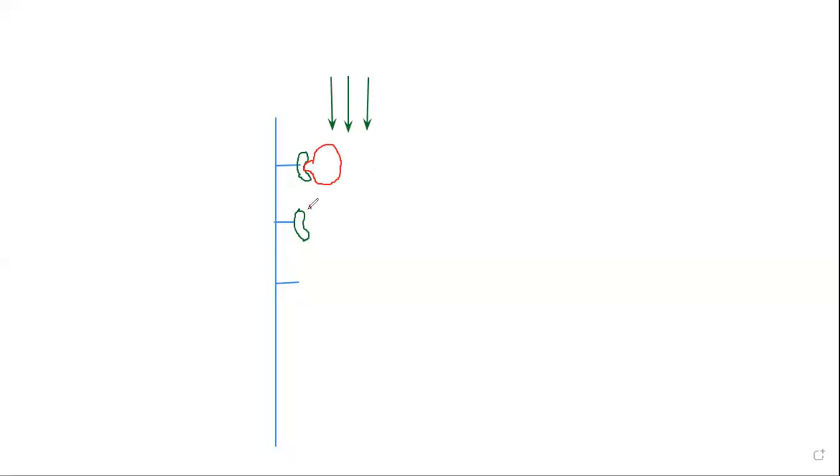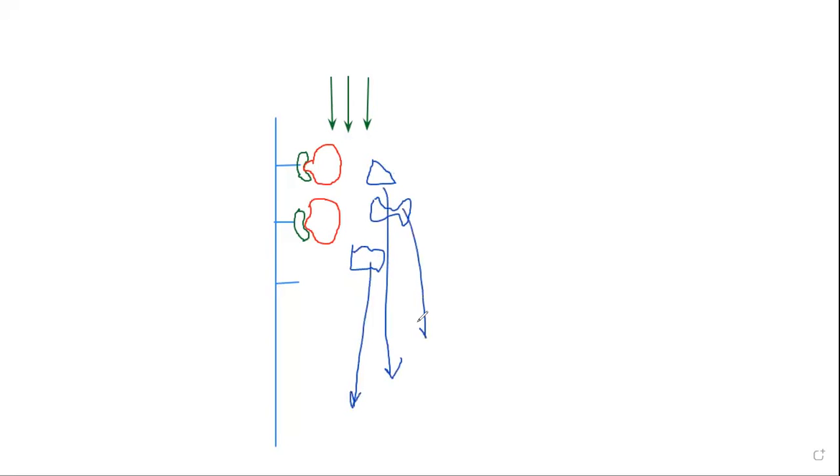Okay, so this is the desired molecule, which is now binding. Okay, and any other molecule which is not of that particular type, which cannot interact with the ligand, that molecule is going to come out of the column. Is that clear? And the desired molecule will bind to the column.